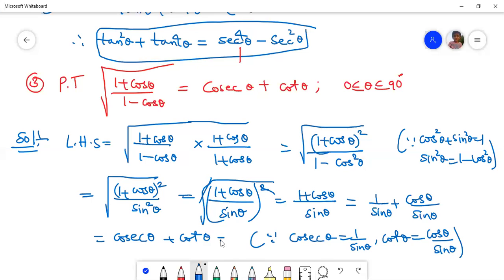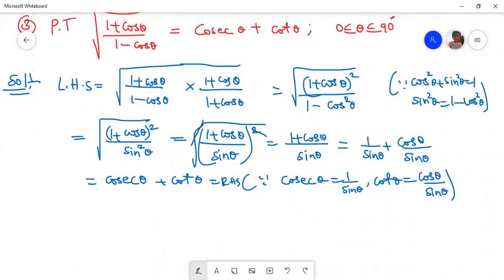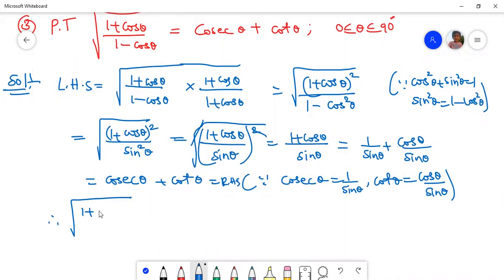So it is equal to the RHS. Therefore, square root of (1 plus cos theta) by (1 minus cos theta) equals cosec theta plus cot theta.